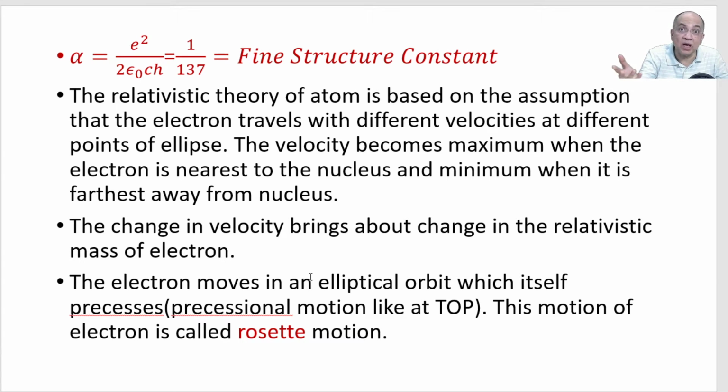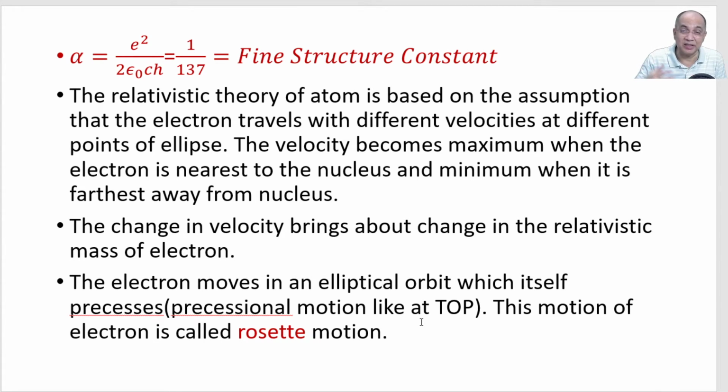And these velocities are not small velocities. They are comparable with the velocity of light, this c here. So at that point there will be a change in the relativistic mass.